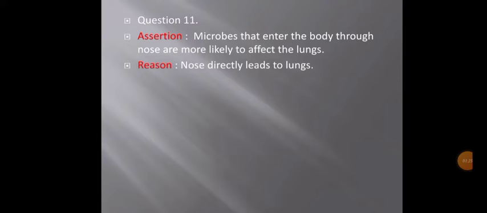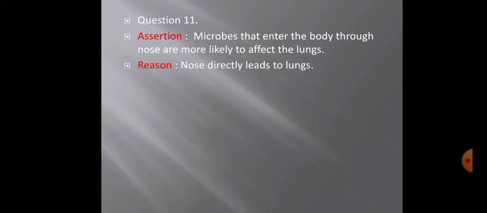Assertion says microbes that enter the body through the nose are likely to affect the lungs. We know how microbes can transfer from one person to another, and the medium of entry of microbes into our body.